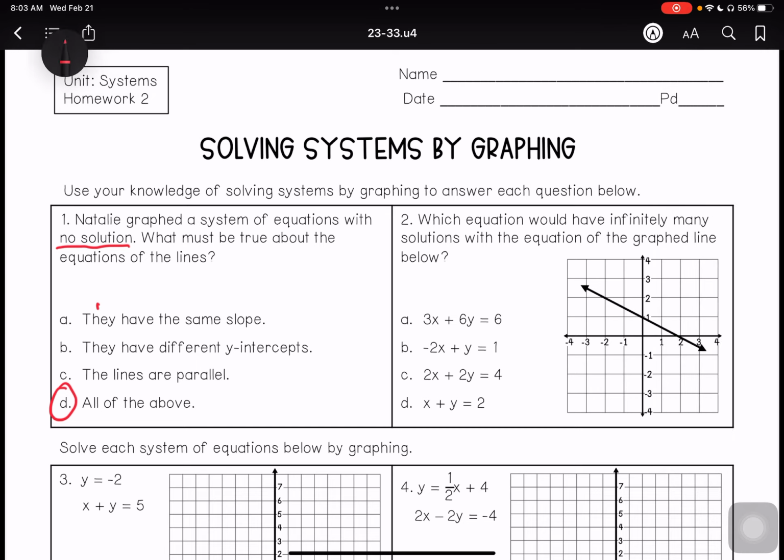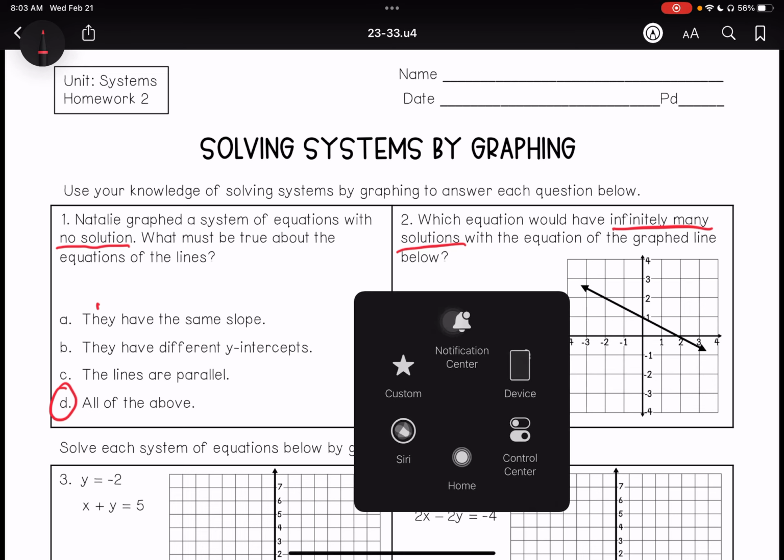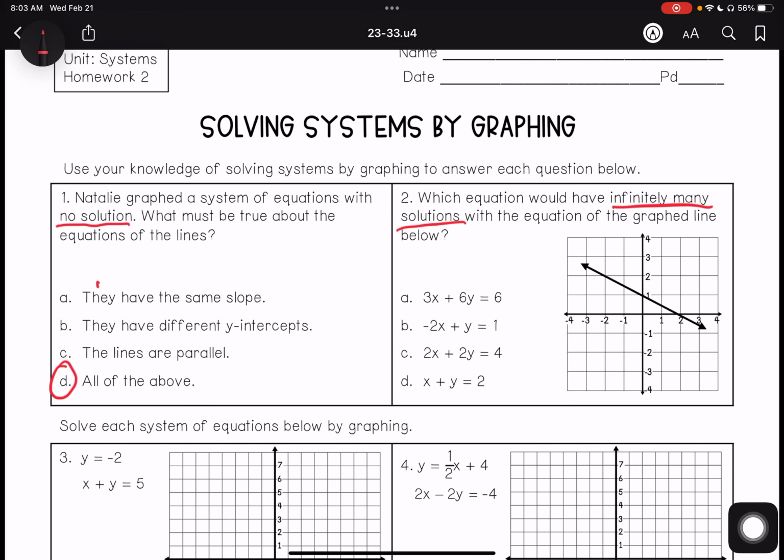Number two, it asks which equation will have infinitely many solutions. I know if I have infinitely many solutions, my graphs will be the same line. So here my y-intercept is 0, 1, so my b is 1.